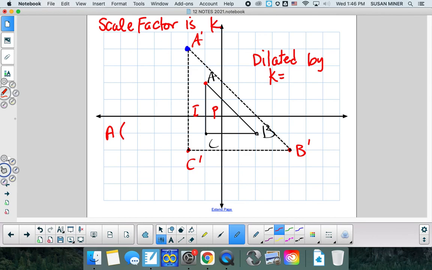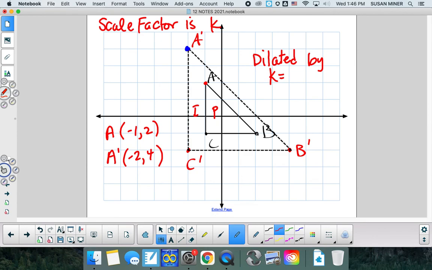So A was at -1, 2. That's where it's located currently, or before, in the pre-image. Then A prime was at -2, 4. So remember, what I did to get from A to A prime was I multiplied by the k factor. But I don't know what the k factor is. So I can divide in order to get it, right?